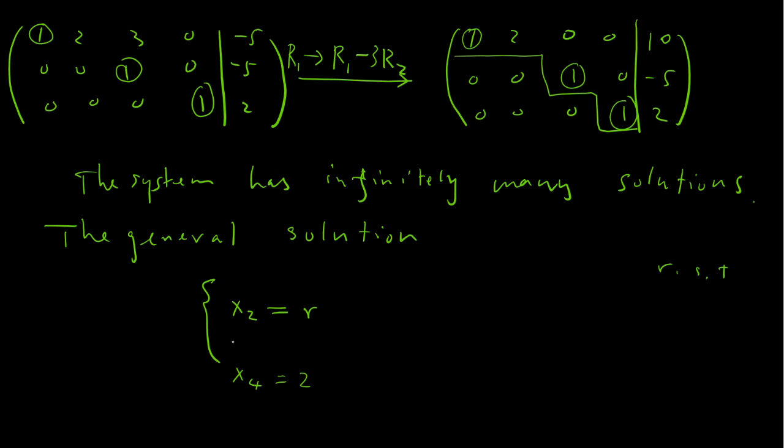Look at the second row. The second row determines the equation x3 equals -5, which is easy. Okay, good. All of you got it right. And then the only problem is how to write x1 in terms of the parameter R.